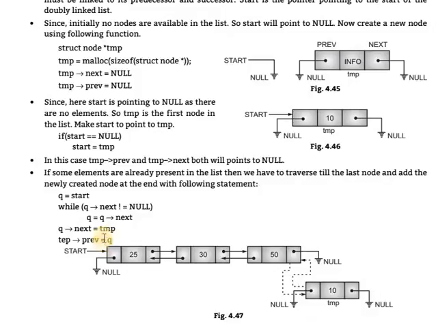That means temp is connected to q of next, and q is connected to temp previous, so automatically the desired link is created between those two nodes.